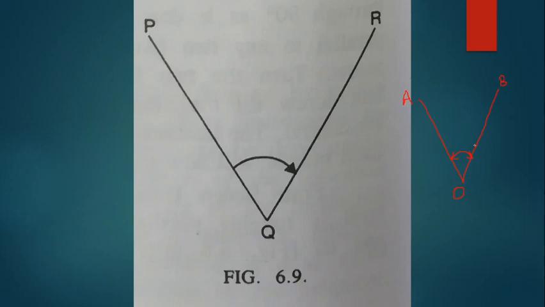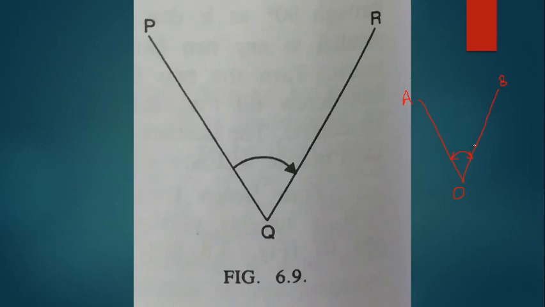When you come to vernier B, the main scale reading will be the same as vernier A, and the only thing you need to do is search for the vernier coincidence again in vernier B. Here the coincidence may be slightly different from what you got in vernier A, maybe 20 seconds or 40 seconds here and there.